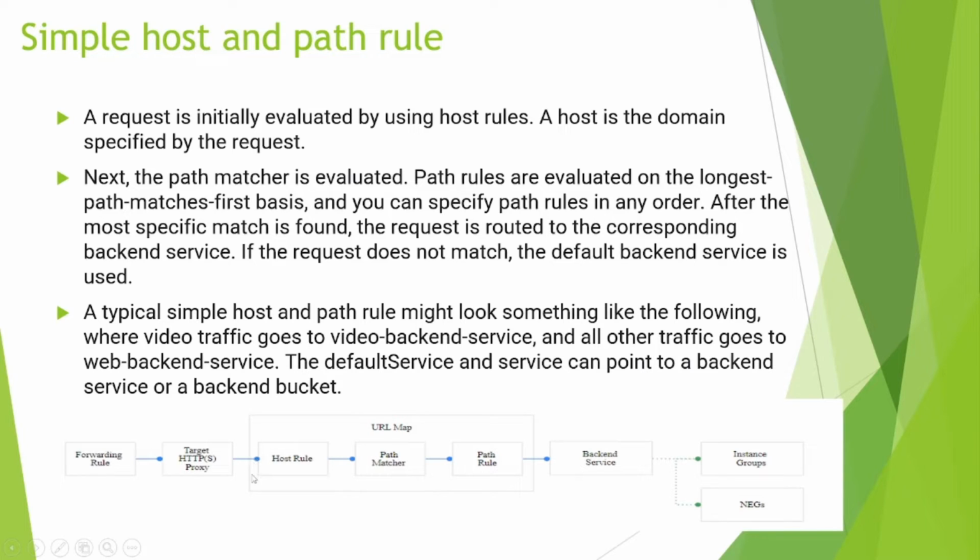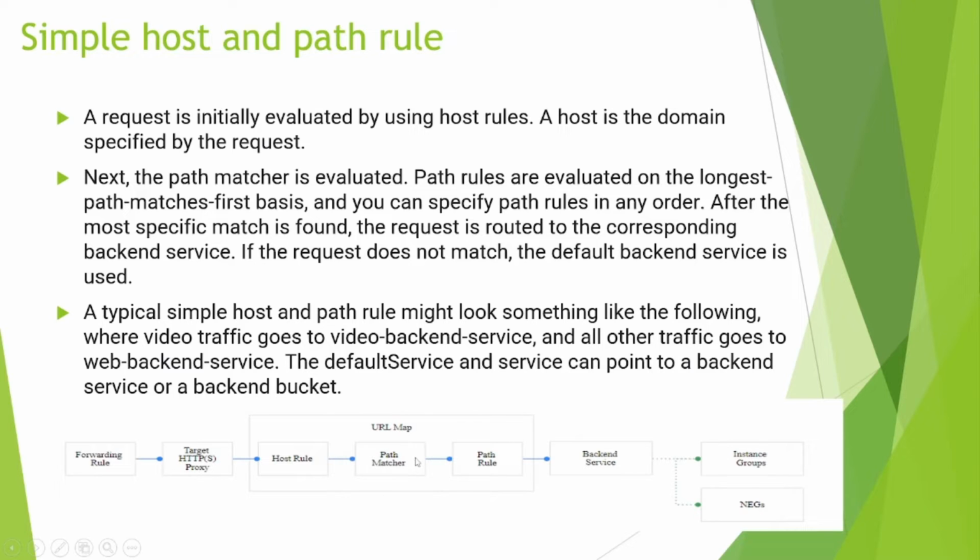In the host rule, we define our host, which can be your domain name, like cloudconceptforyou.in is a host name. After that, we can define a path matcher, like video traffic should go to the video backend, and audio traffic should go to the audio backend. So when traffic hits the domain, after the slash there must be a path.